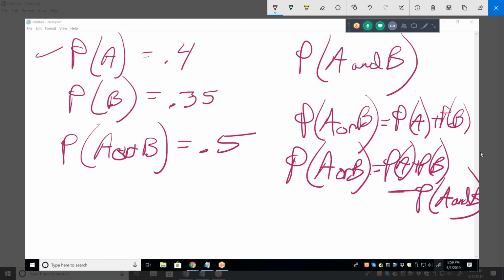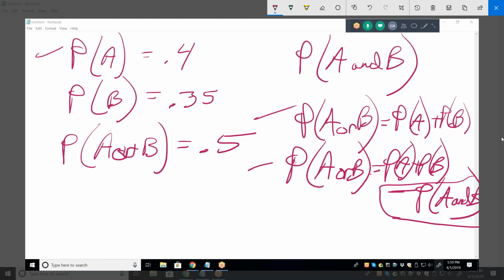And this one only applies if there is some overlap. In other words, if there's no overlap, then it's simple. It's just probability of A plus probability of B. But if there is some dependency between A and B, which there is, in other words, if there's no dependency, that'll be 0. If there's a dependency, that'll be some number.